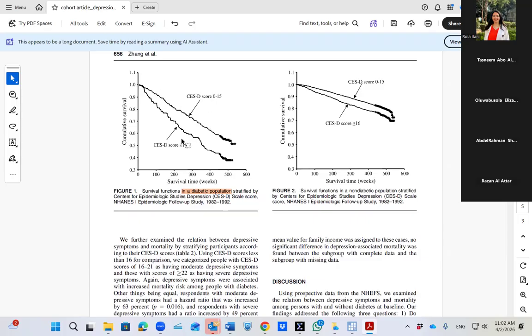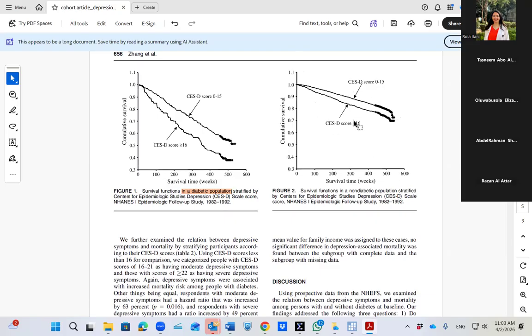If you have severe depression, you have a poorer survival, right? Look at this one, it looks like depression makes much more difference in survival by depression score for diabetic. Let's see the non-diabetic. So what do you think? Using the same scale, right?